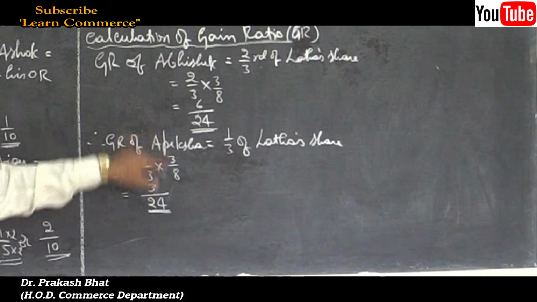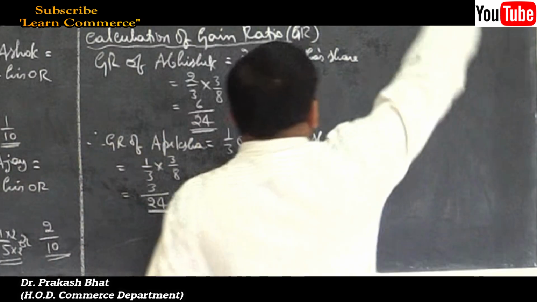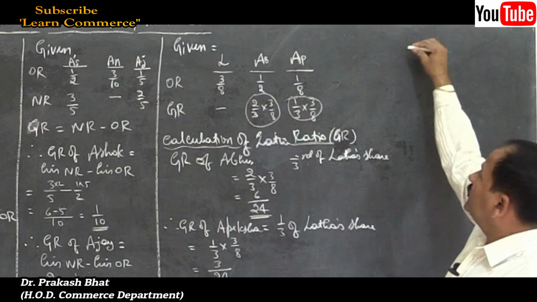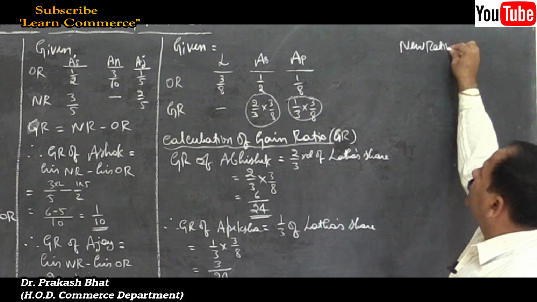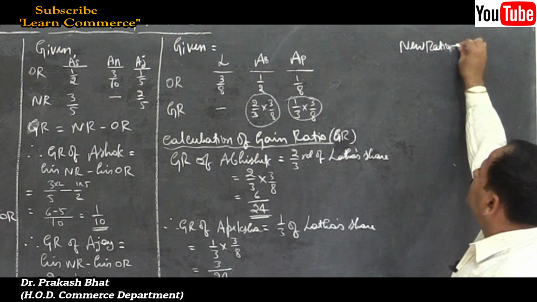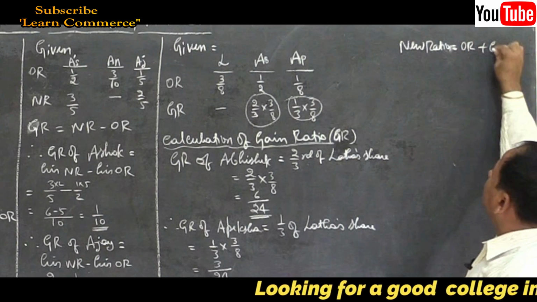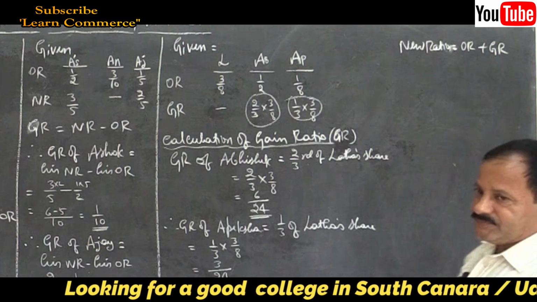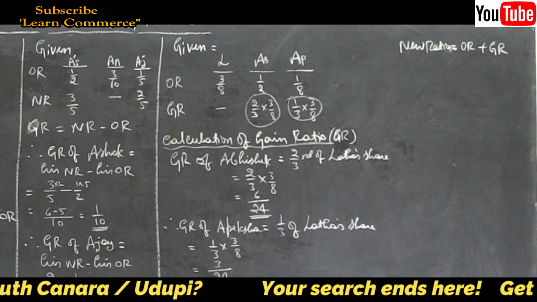Now we got the gain ratio. Now the next step is, new ratio is equal to old ratio plus gain ratio. Write in full, assign short forms within brackets.